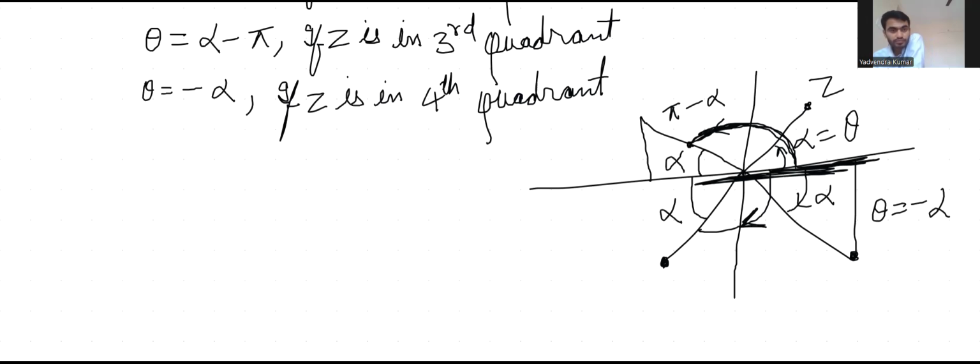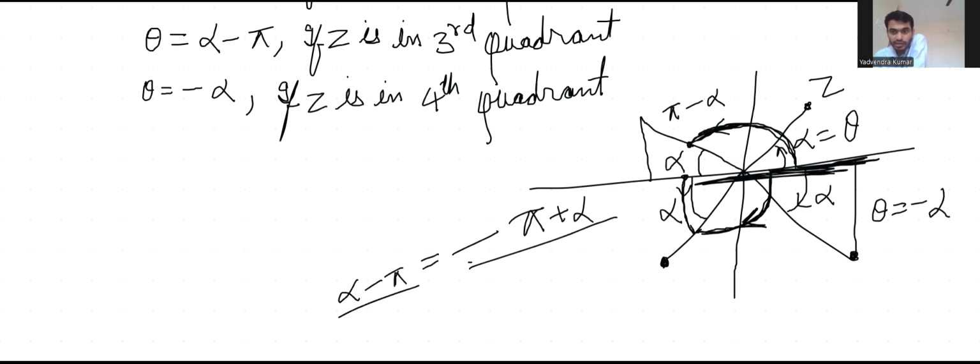To calculate this angle, which is in the third quadrant, we will move a little extra. We will go up to here. So this is minus pi. And then the alpha angle we are moving in the clockwise direction. So alpha is plus. That's why this value is similar to alpha minus pi, and so I have written here alpha minus pi.